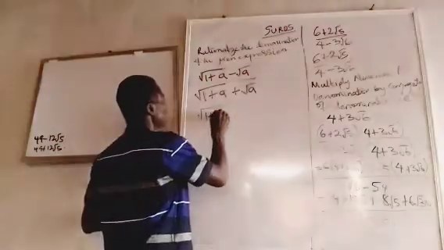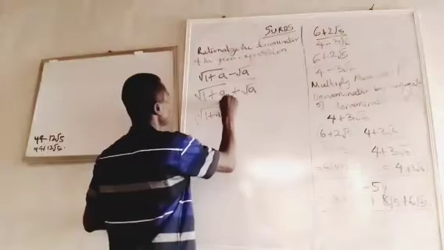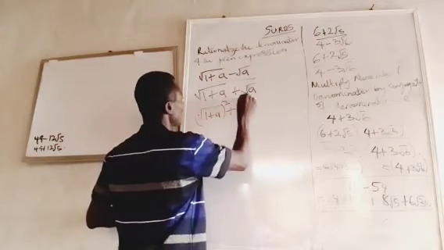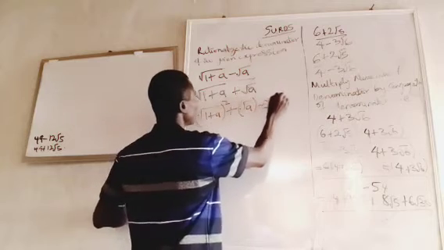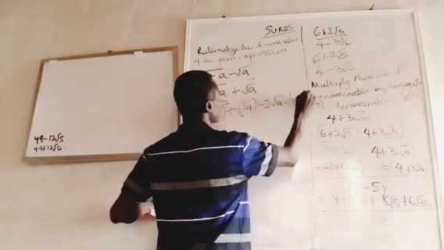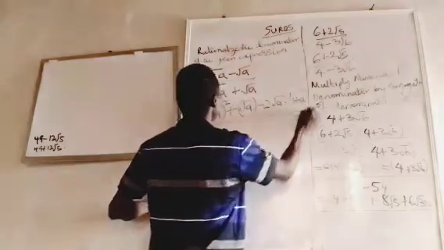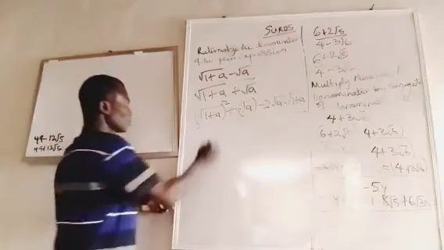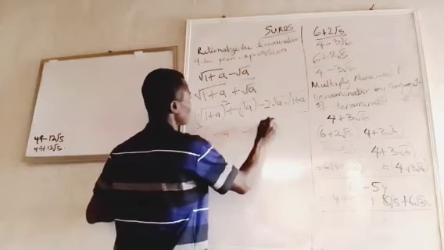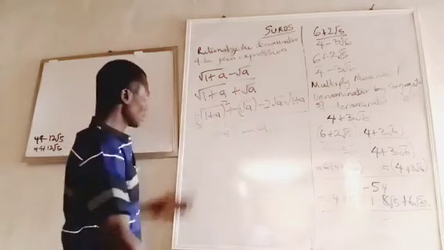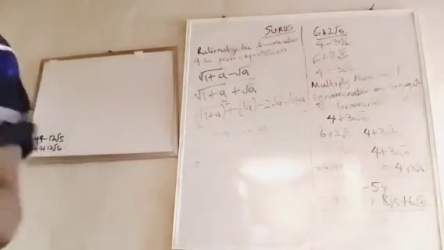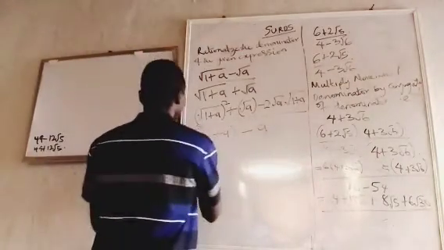root 1 plus a squared plus a squared minus 2 root a root 1 plus a, divided by square this one, 1 plus a minus a. Once you square this throughout, looking at this, it is 1 plus a.